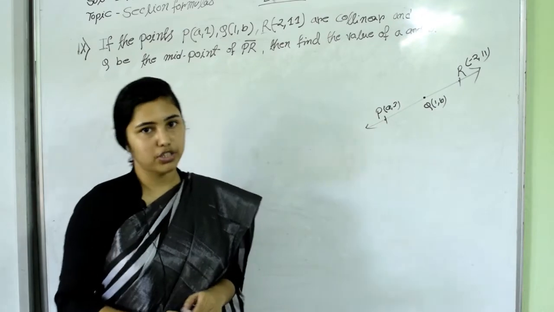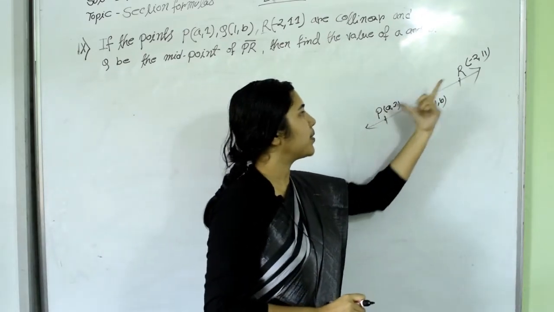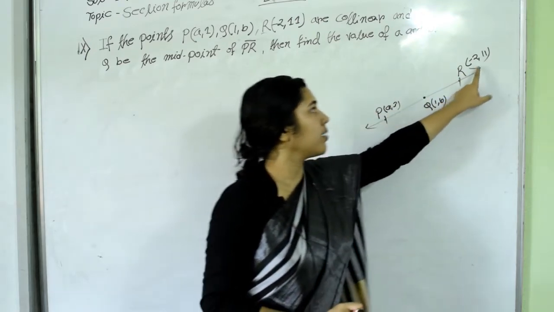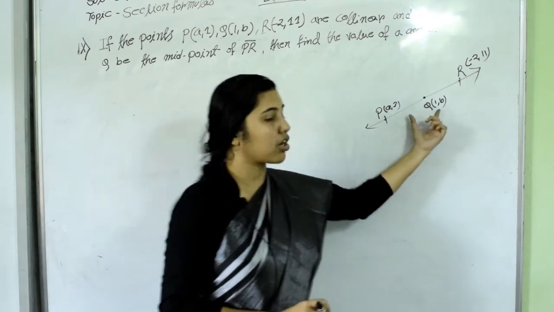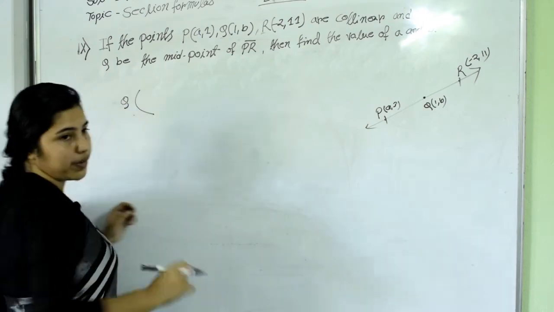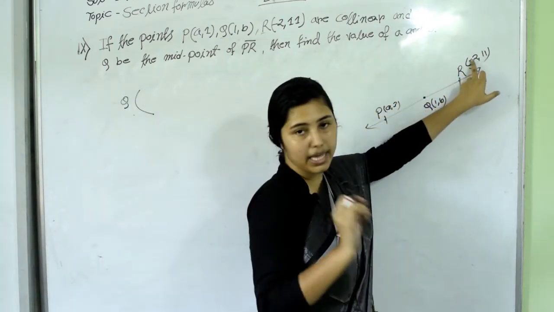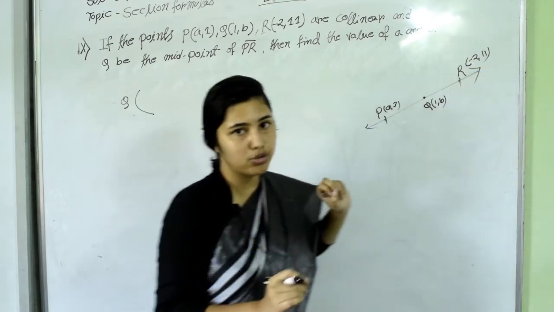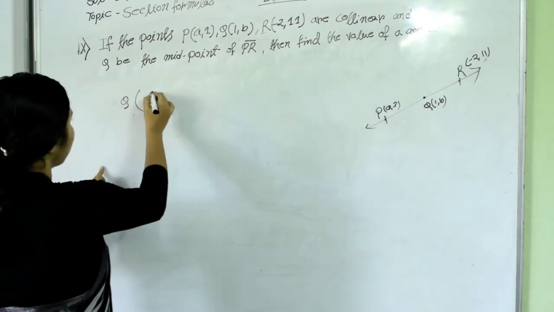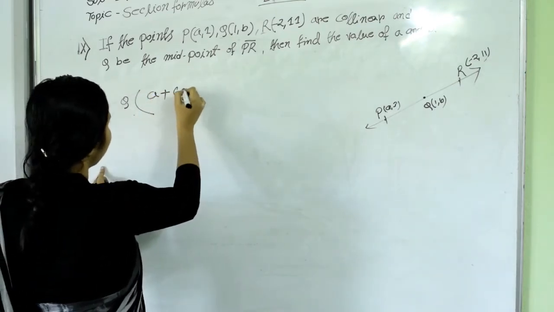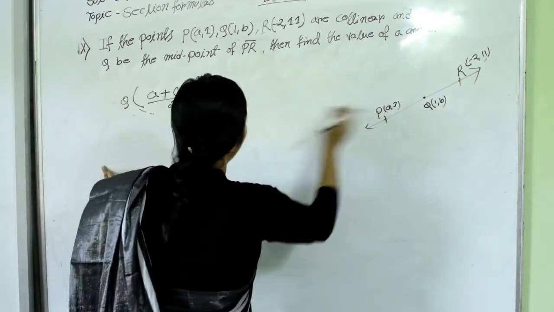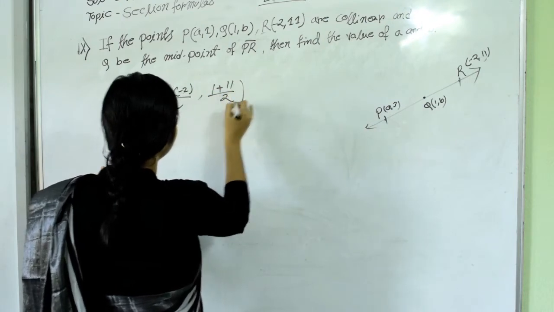Now by the midpoint theorem we know that if the coordinates of P and R are A comma 1 and minus 2 comma 11, then the coordinate of the midpoint, which is Q, should be A plus of minus 2 by 2 comma 1 plus 11 by 2.